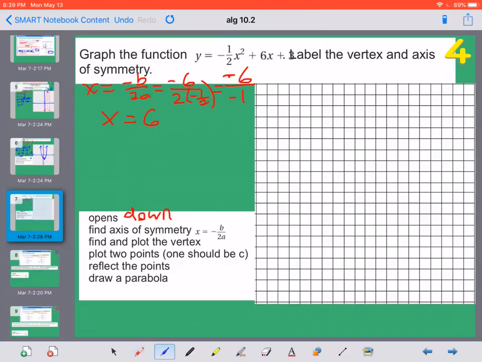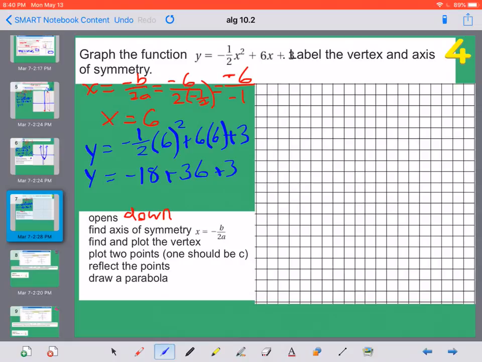Now if we put that back into the equation, y equals negative 1/2 times 6 squared plus 6 times 6 plus 3. 6 squared is 36 times negative 1/2 is negative 18 plus 6 times 6, that's 36 plus 3.